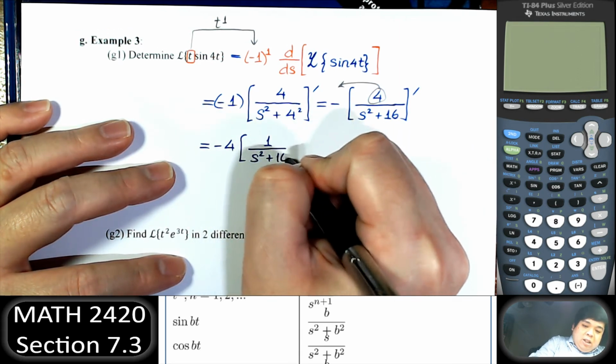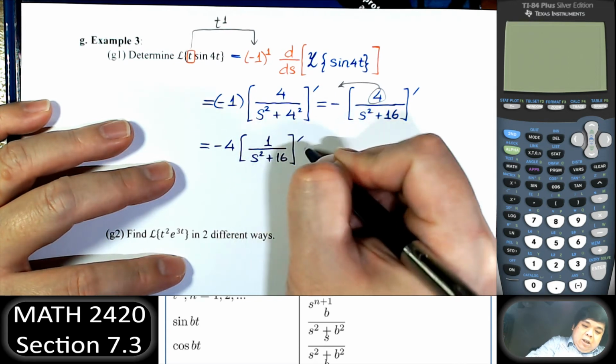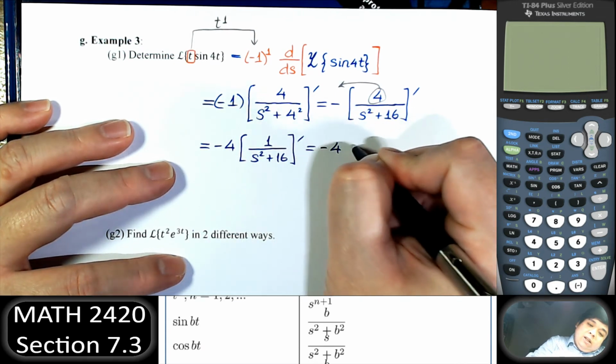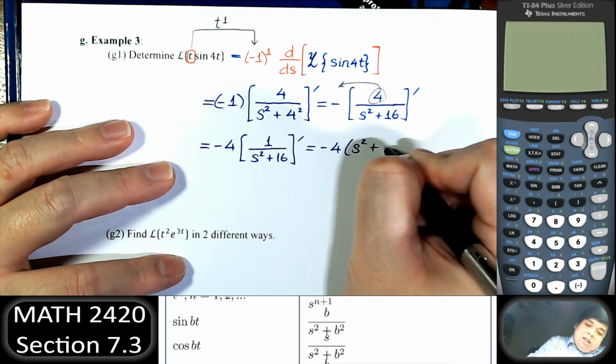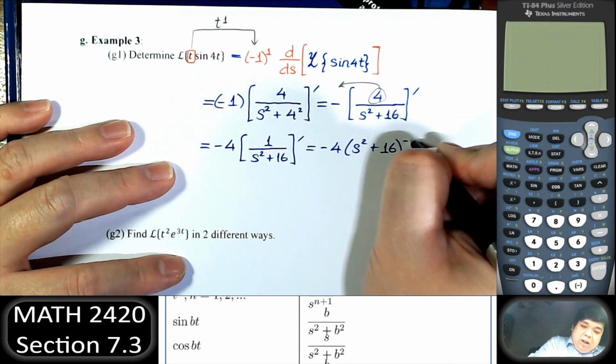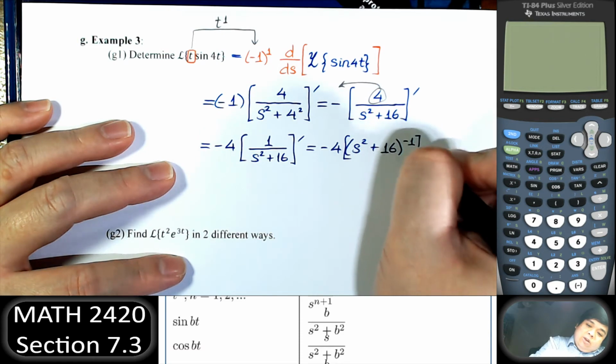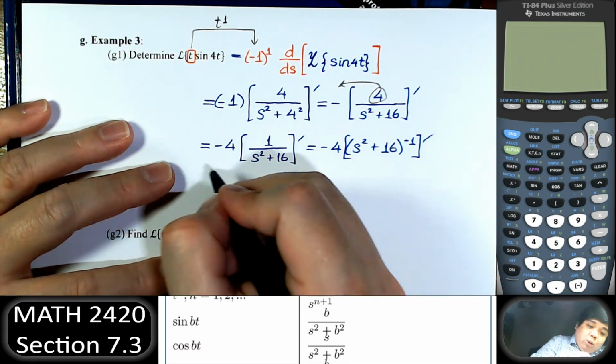S squared plus 16. Now I can write s squared plus 16 to the negative 1, and then take the derivative using the power rule.